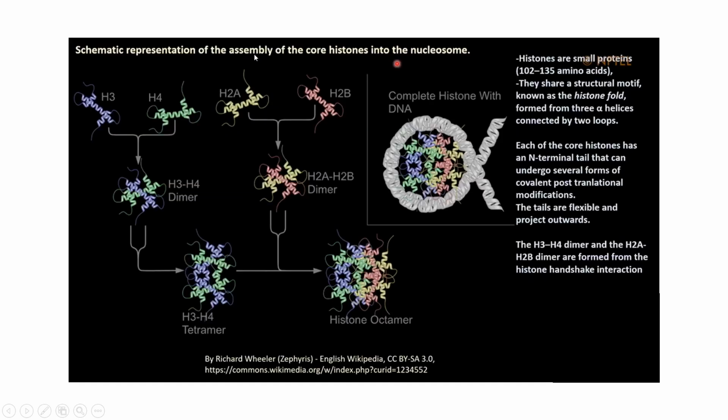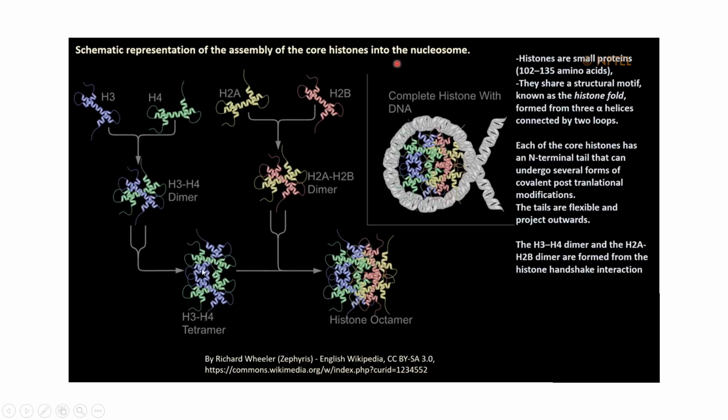This is the schematic representation of the histones in the nucleosome, and here you can see the H3 H4 domain. H3 and H4 produce a dimer structure, and then H2A and H2B form a dimer structure. So H2A interacts with H2B, and H3 and H4 interact with each other and form a dimeric structure.